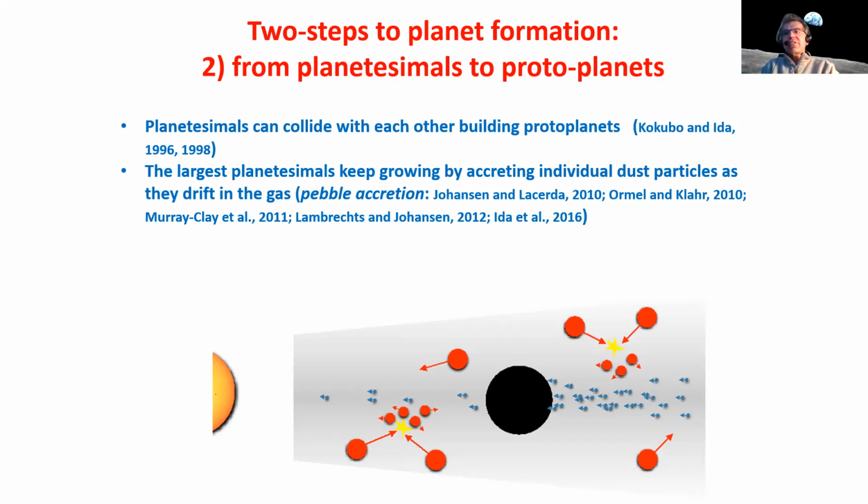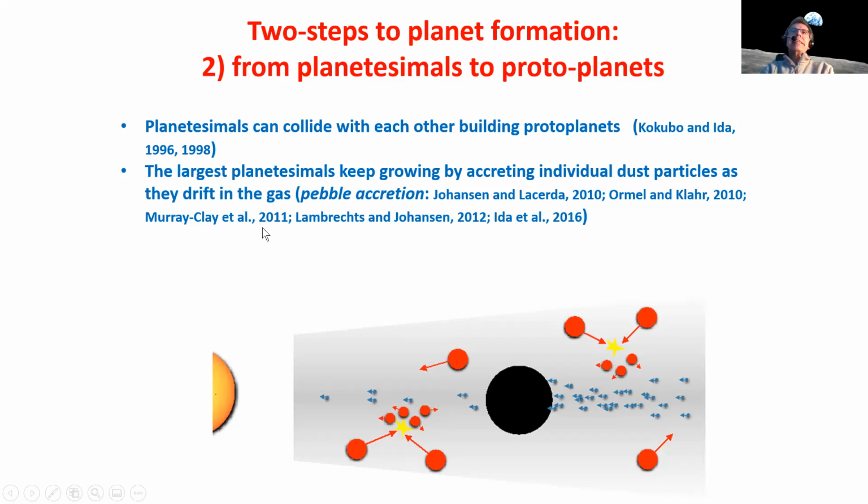So this is the process called runaway growth. It's like in economy, when a person is rich, they can invest and get more money, become richer and richer. And this is what is happening in our society, as we know very well. And so this process is envisioned to happen in a planetesimal disk, forming protoplanets or planetary bodies.